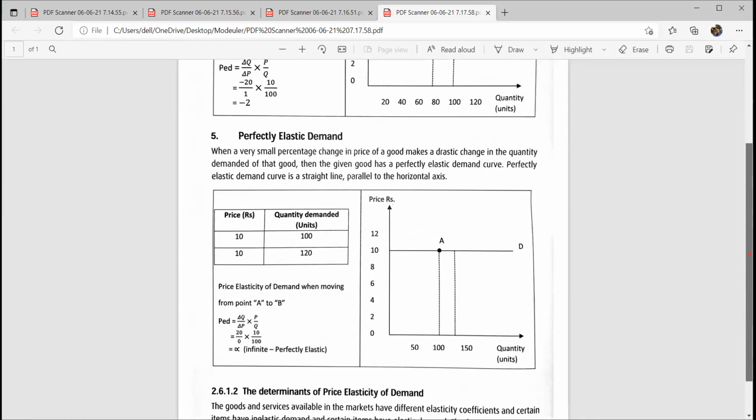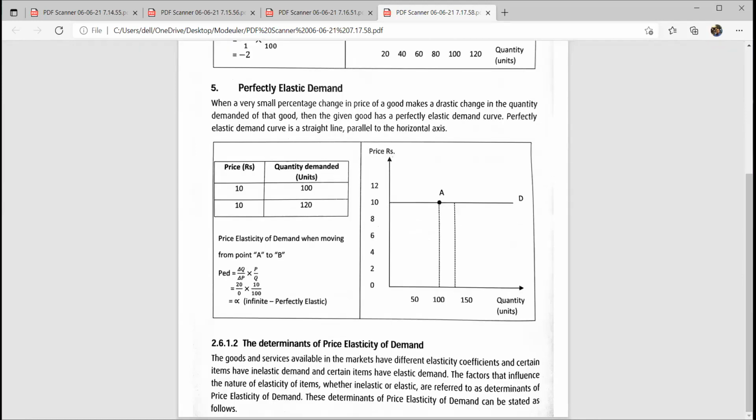Lastly, perfectly elastic demand. Perfectly elastic demand means quantity demand changes without a change in price. Earlier, when price changed, there was a response. Right now, quantity demand does change freely without a change in price. This is called perfectly elastic.